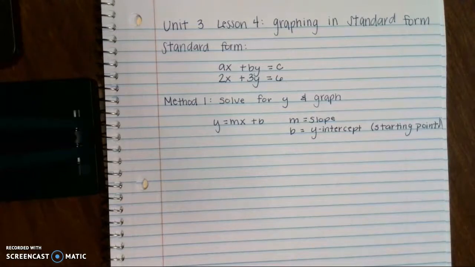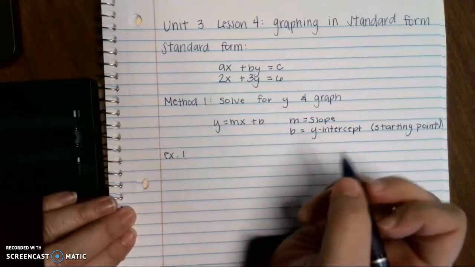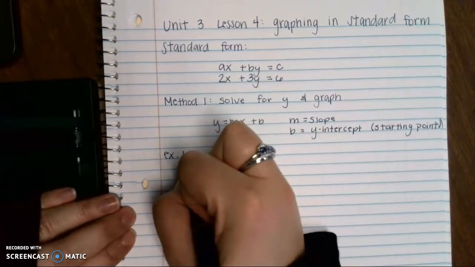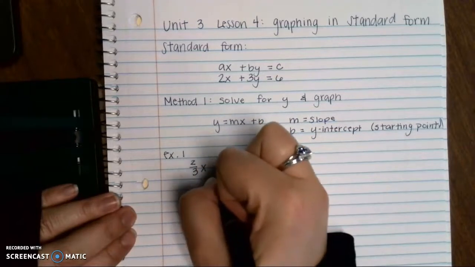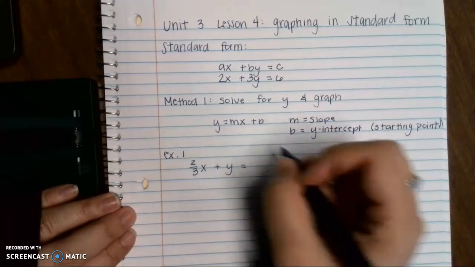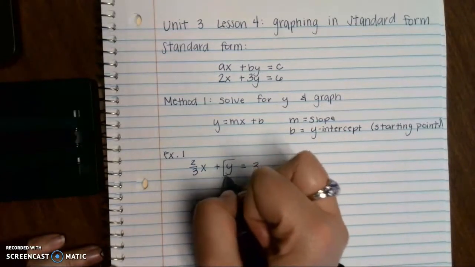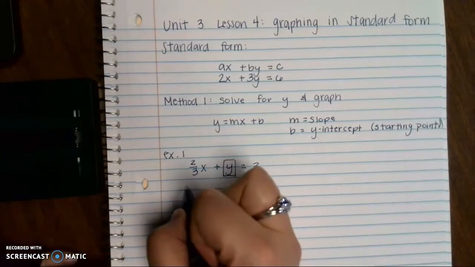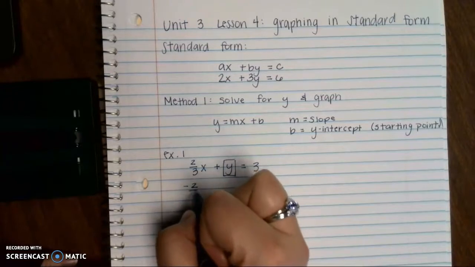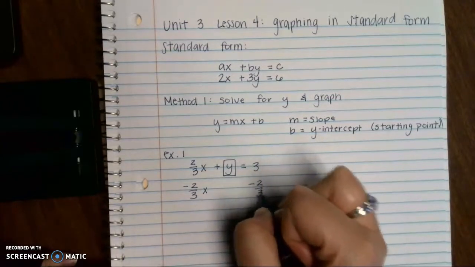So the first way we can do that in example 1 is 2/3 x plus y is equal to 3. Right now we can tell that our y is not completely alone. So in order to get our y completely by itself, we have to subtract 2/3 x from both sides of our equation.